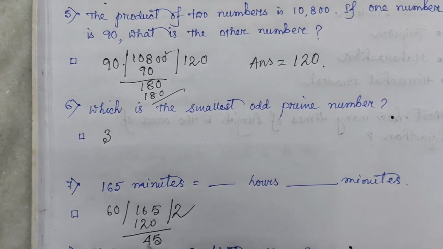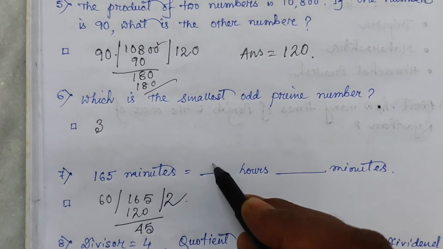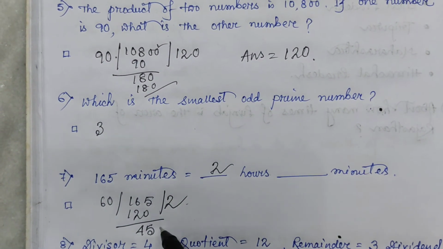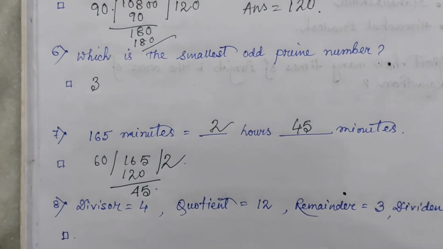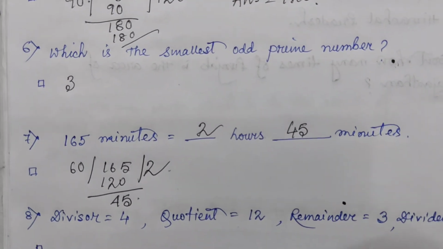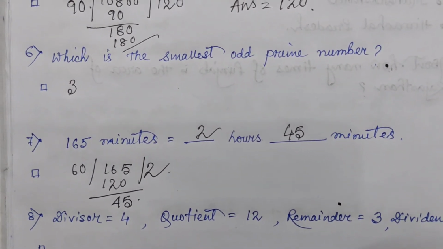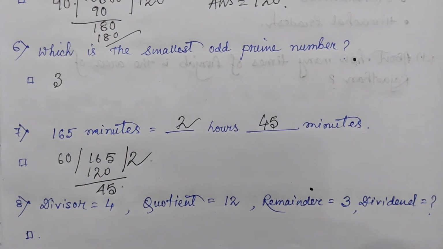So 45 is the remainder. So 2 is hours, 45 is minutes. So 165 minutes equals 2 hours 45 minutes.